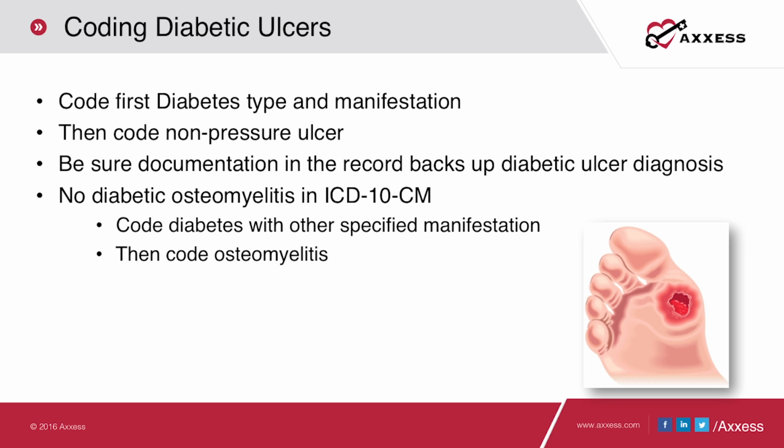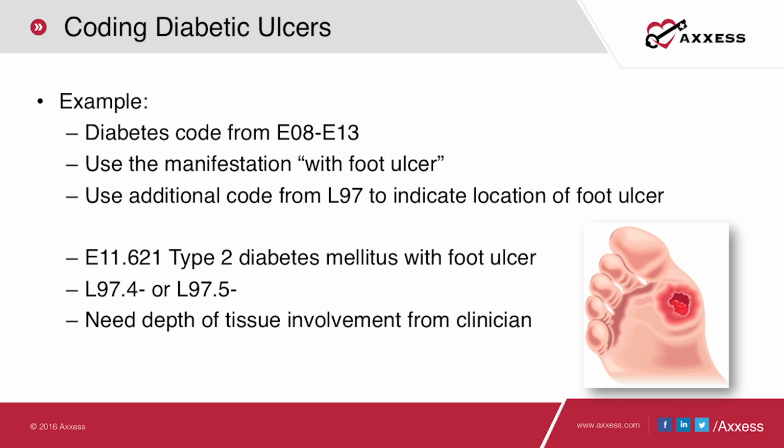There is no diabetic osteomyelitis in ICD-10. So in that case, if the patient has documentation that says that they're having a wound with diabetic osteomyelitis, that means you need to code diabetes with other specified manifestation first, and then you're going to code osteomyelitis right behind it.